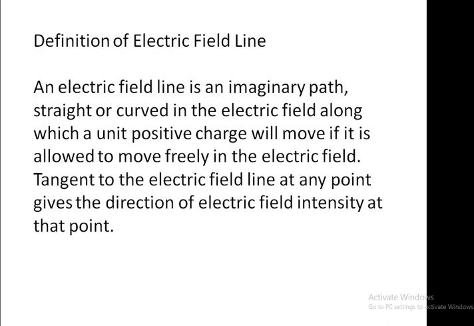That means electric field lines are imaginary straight or curved paths. They are not actually present around a charge. We imagine that there are paths in the electric field region. What does this path actually mean? This is a path of a positive charge where it is allowed to move freely in the electric field.